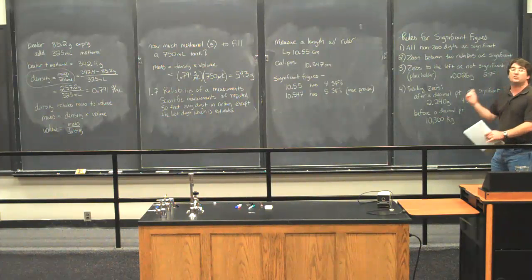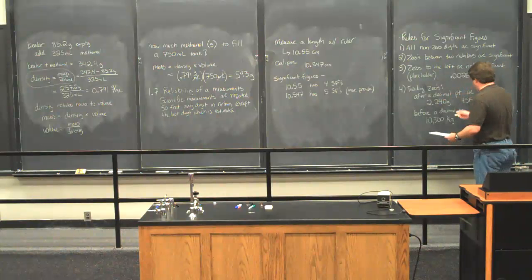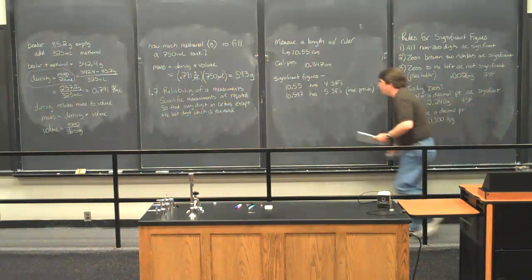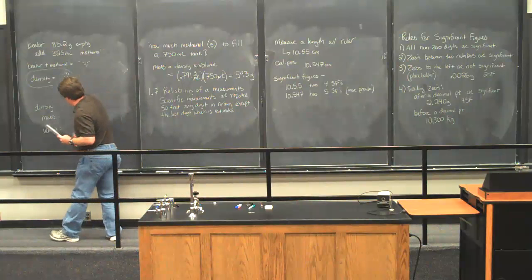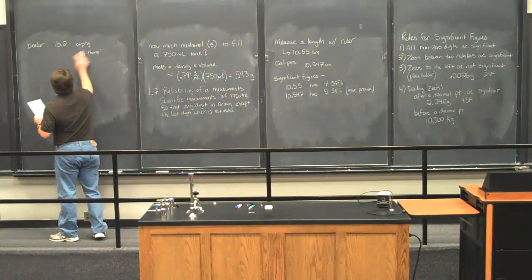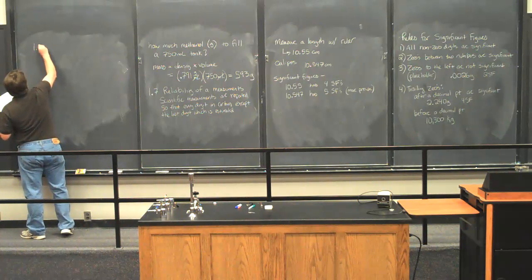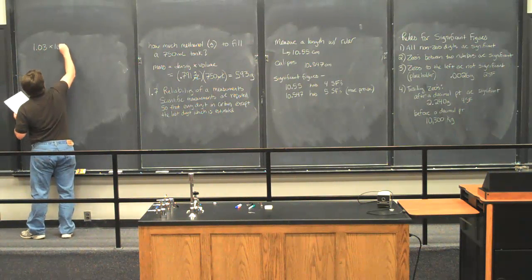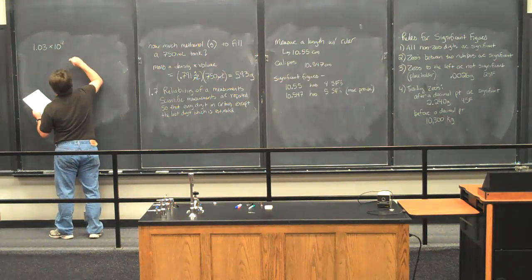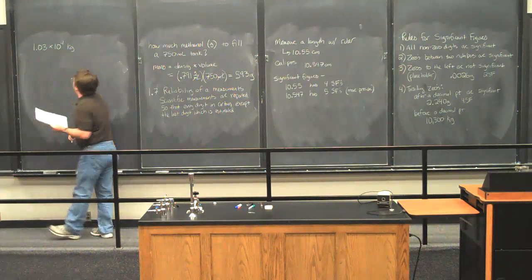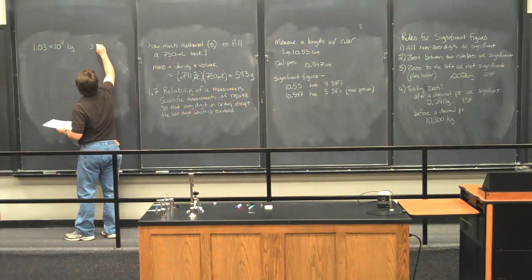And we can resolve this fairly easily by using scientific notation. So if we were to write this in scientific notation, let's say, for instance, I wrote 1.03 times 10 to the 4th kilograms. That would then be 3 significant figures.